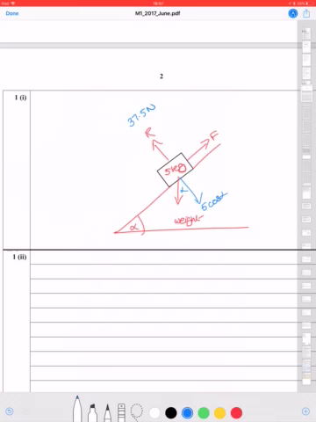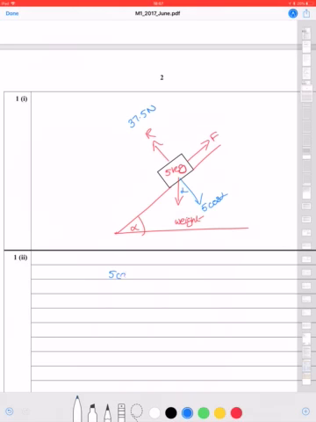So 5 cos alpha equals 37.5. I haven't put mg, have I? So 5g, so times 9.8, sorry.